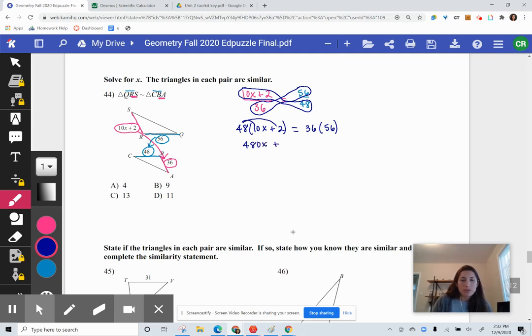And 48 times 2, that should be 96. And then we've got 36 times 56. And we'll subtract a 96 on both sides. And then our last step, divide by 480. And x is equal to 4.